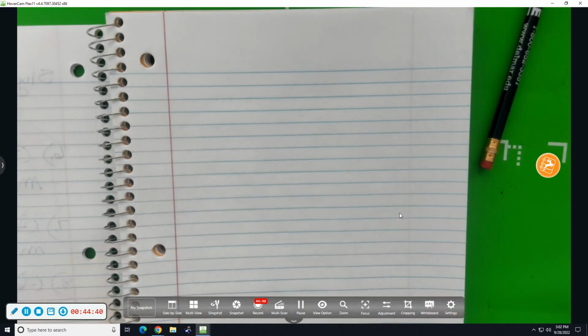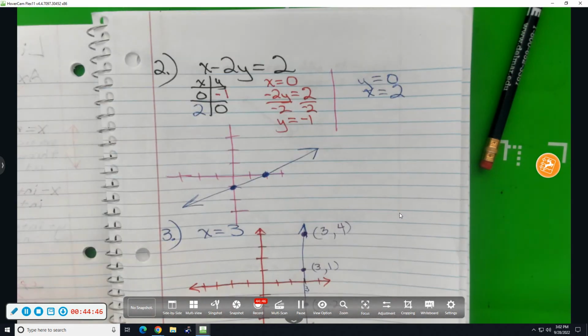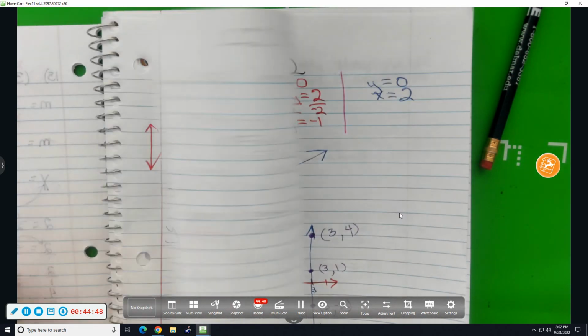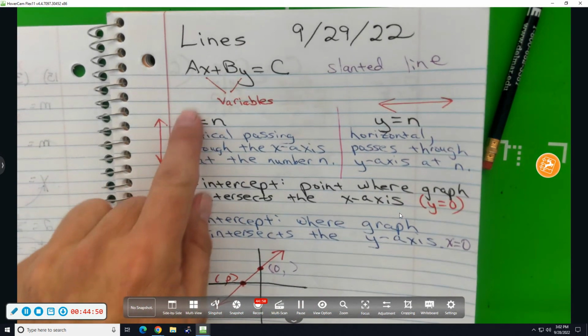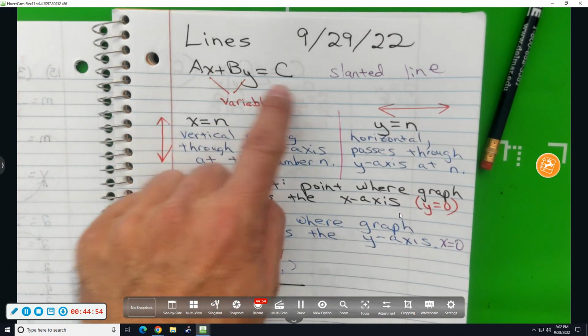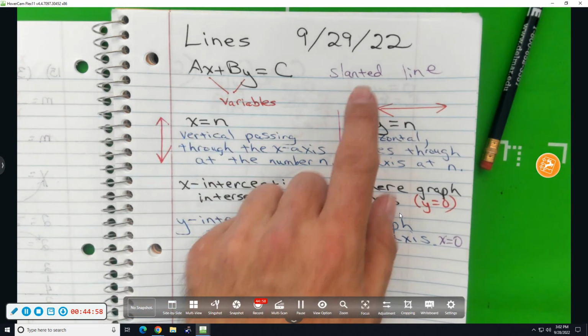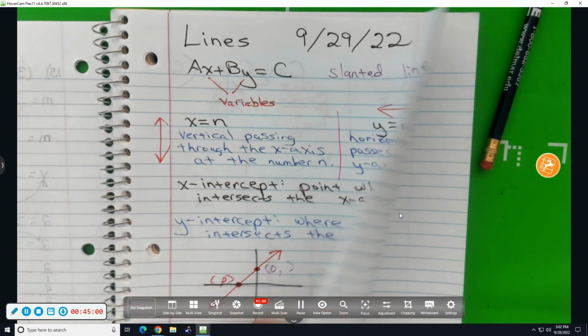Okay. We said when we started it off today, a line that has x and y written in the form ax plus by equals c is standard form for a line, a slanted line anyway.